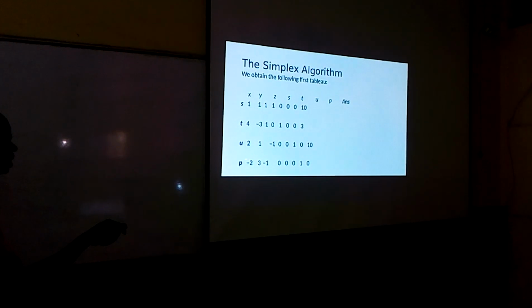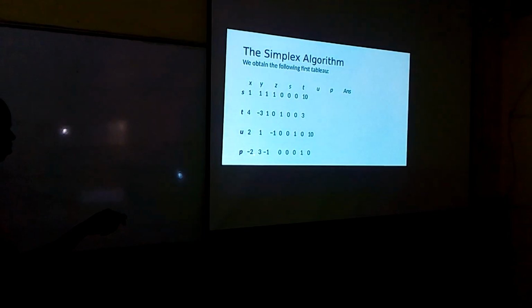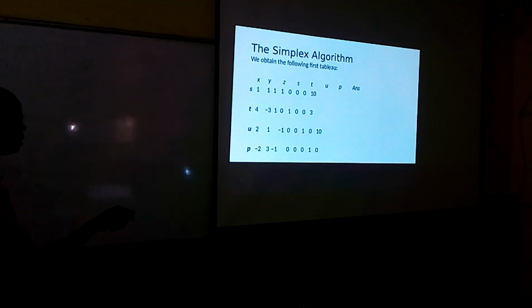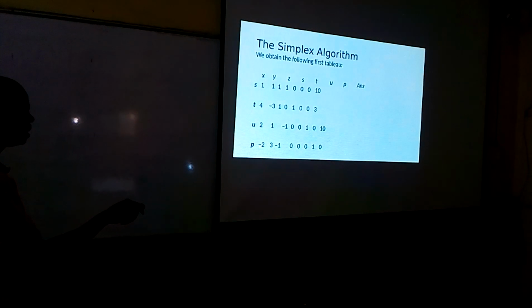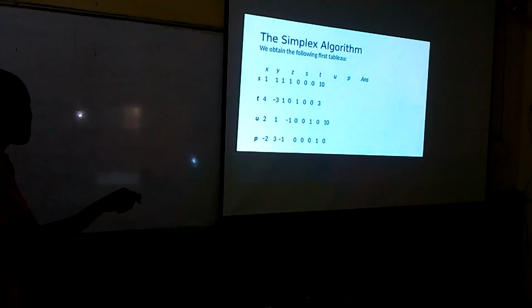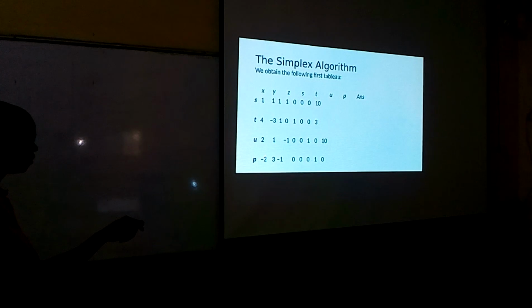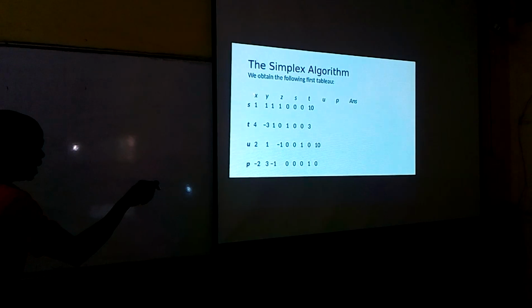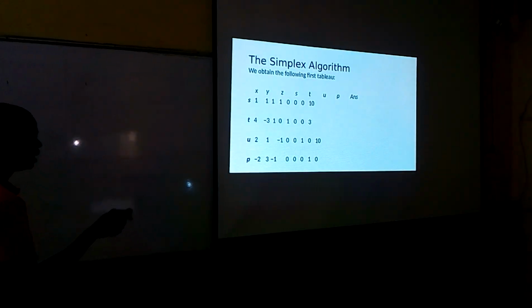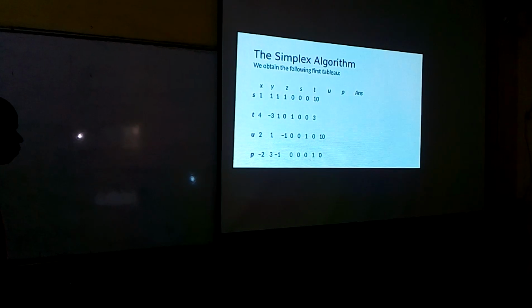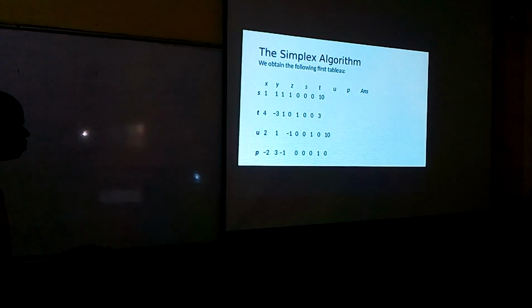In this case, it is negative 2. When you take all the negative values and take the magnitude, this one is the most negative. So this column, the x column that you see here, is known as your pivot column.